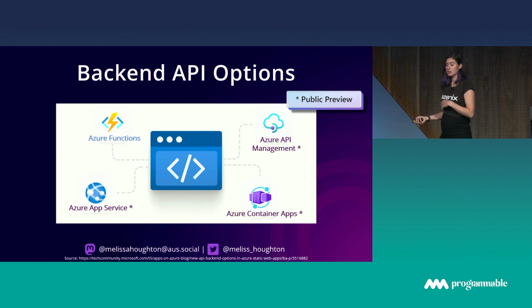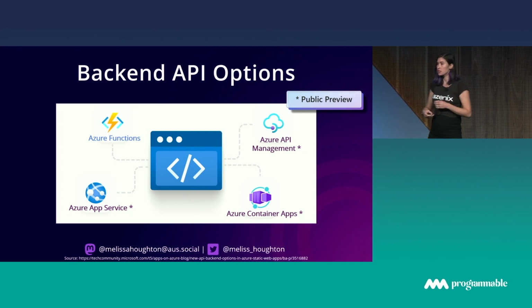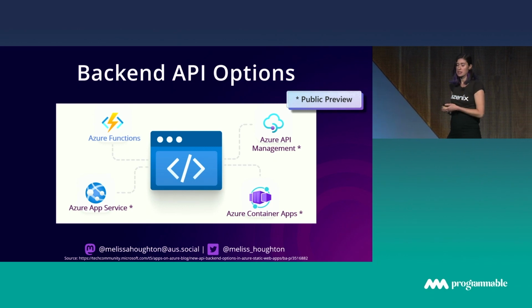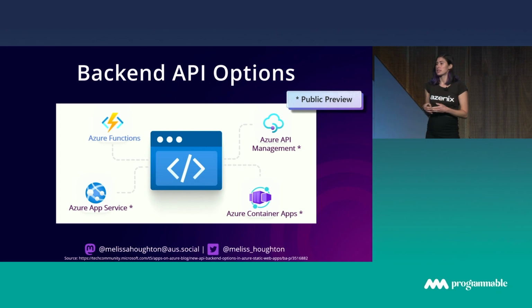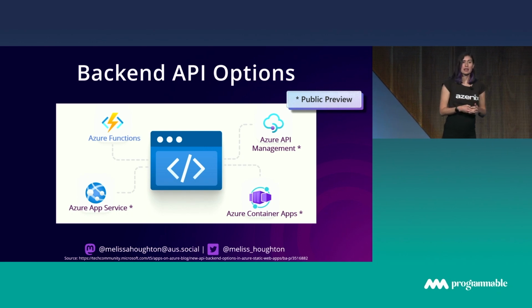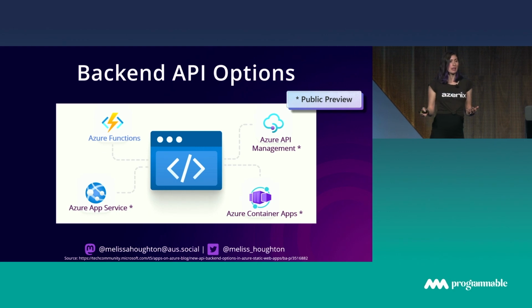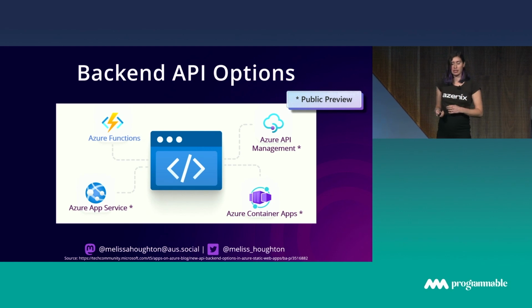And that backend could be other Azure functions that are managed elsewhere by yourself, or it could be your Azure API Management, app services, or Azure Container Apps. All of these options are available on the standard plan, and there are different ways to add to your backend. So if you have all your microservices that are already really powerful, written in something like Container Apps, you can connect those up to your static content in the front end.